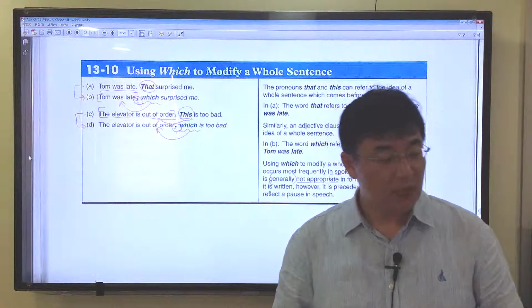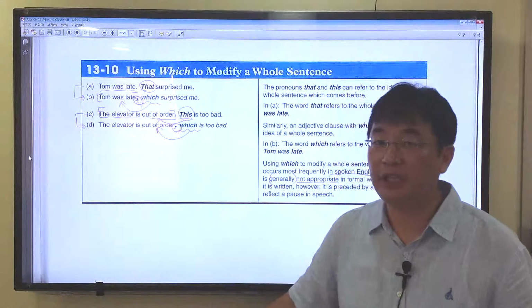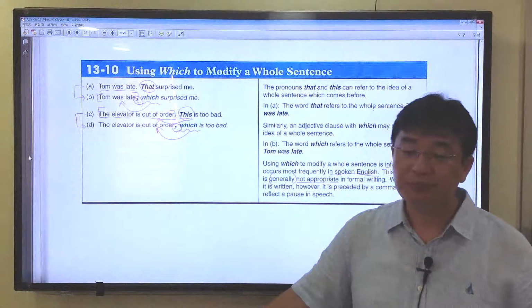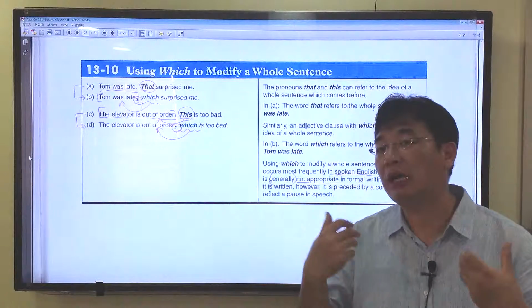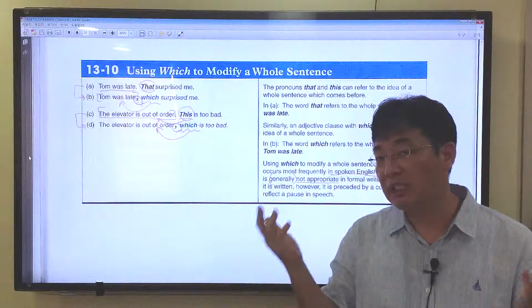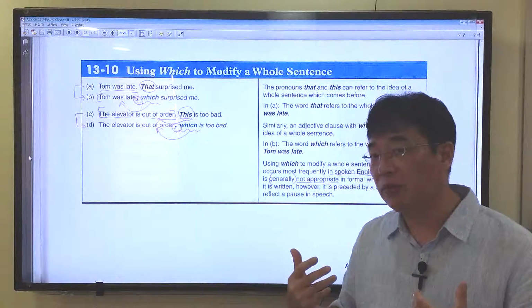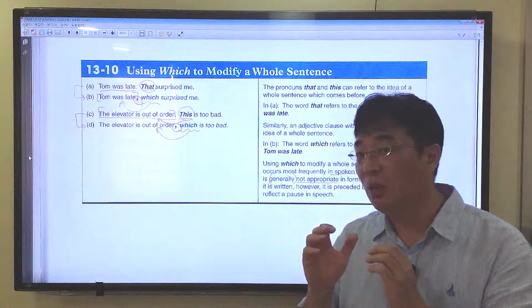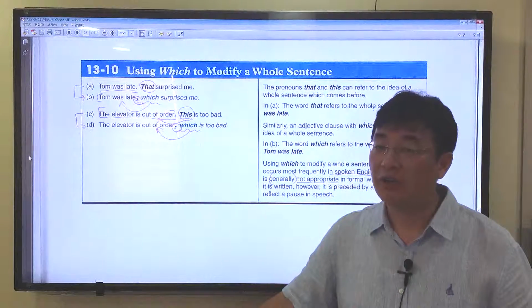Okay. So we are getting very close to the end of chapter 13, and we started covering all different types of adjective clauses, including expressing quantity within the adjective clauses, and we come to learn about a relative pronoun leading an adjective clause which modifies not a noun, but the whole sentence in front of it.